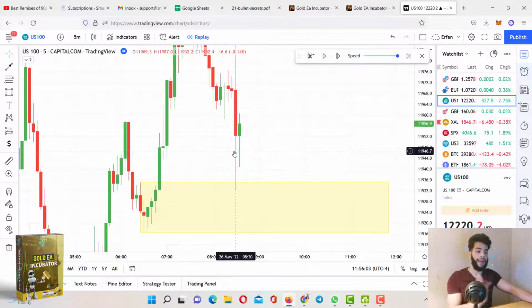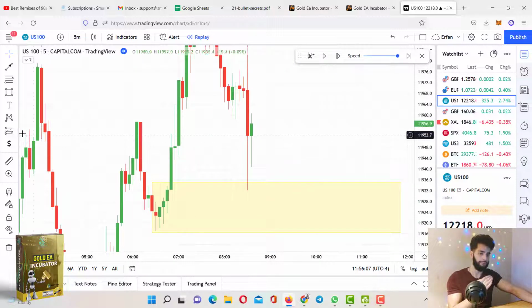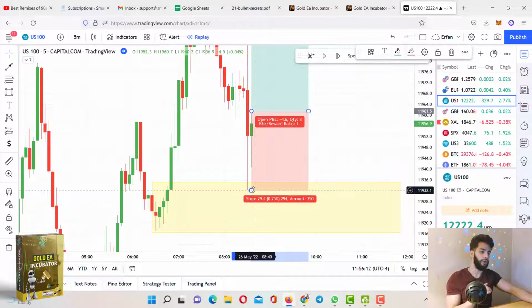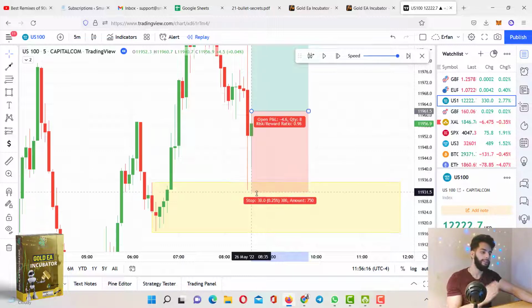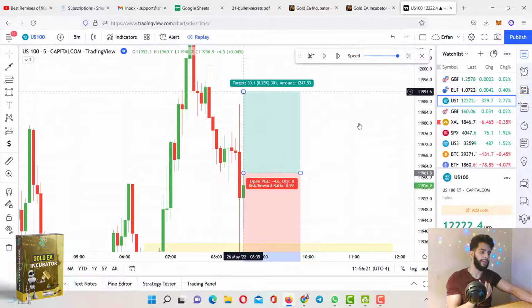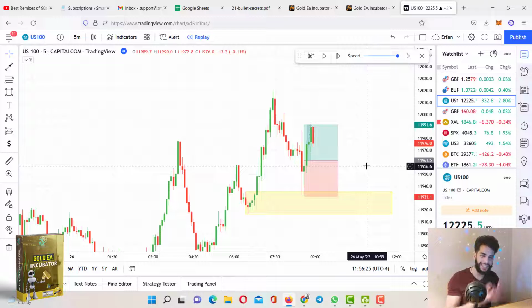So it means that there's power from buyers, and it respected the demand zone. So it makes way more sense to put your buy stop here, and also you can put your stop loss below this candle or this candle right here. See, it still makes sense to take a one-to-one trade, and you can definitely do that. See how easy it is, guys?